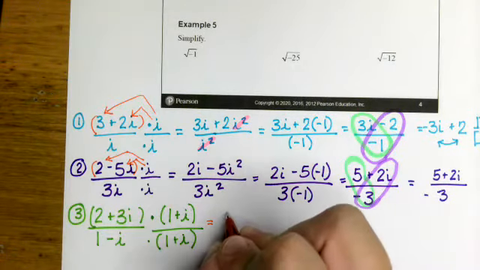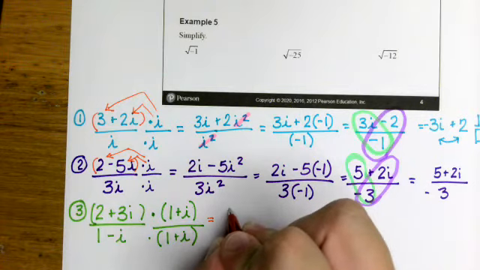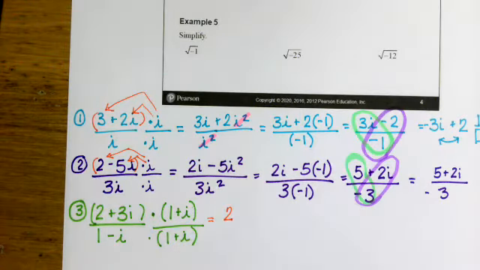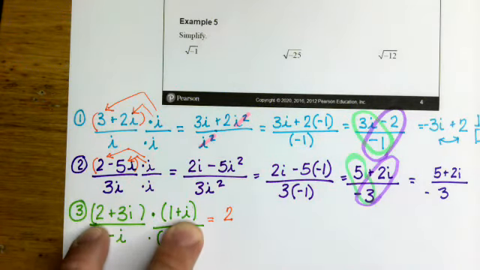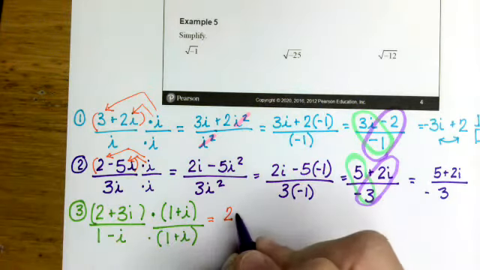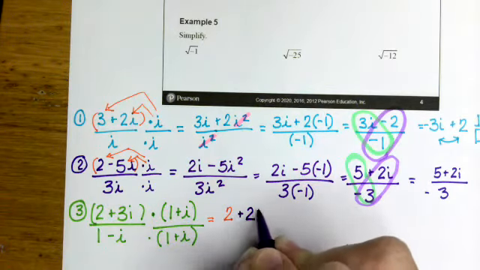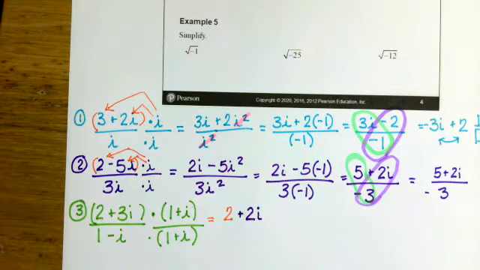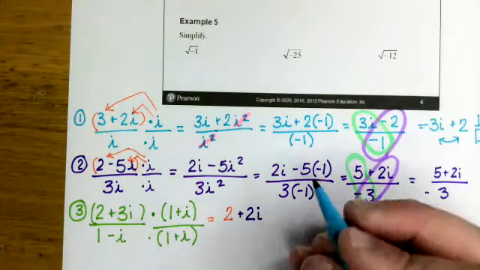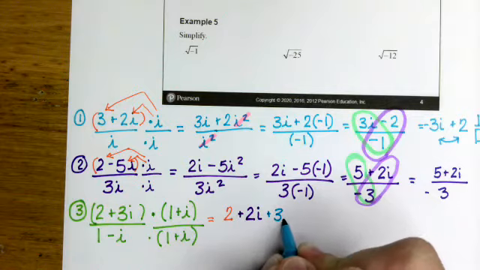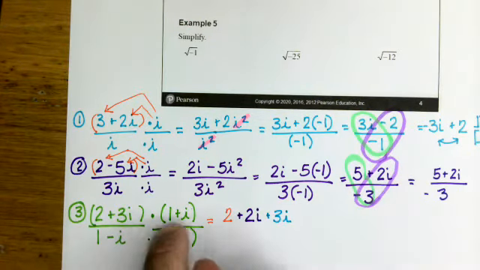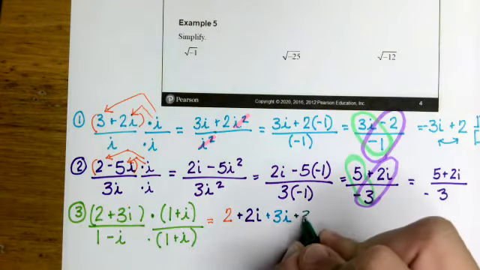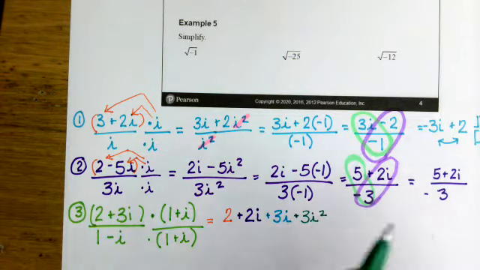First, 2 times 1 is 2. Outside, 2 times I is positive 2i. Inside, 3 times 1 is a positive 3i. Last, 3i times I, positive 3i squared.